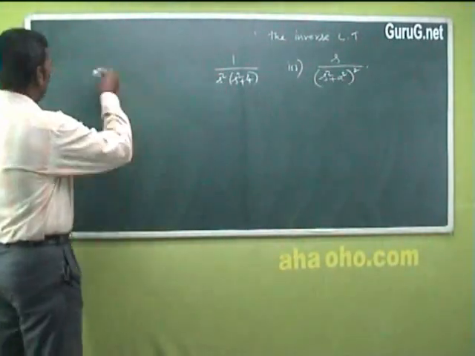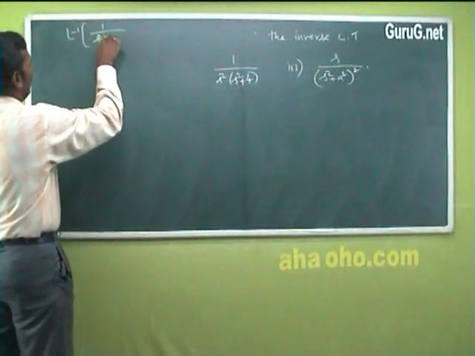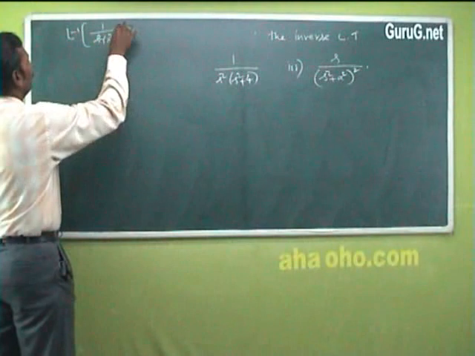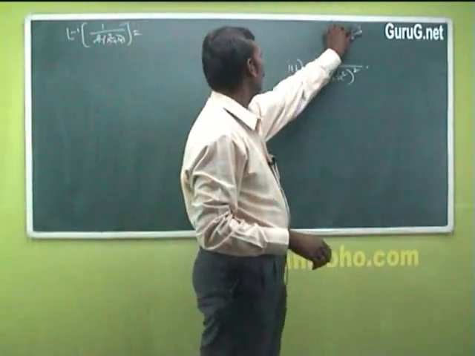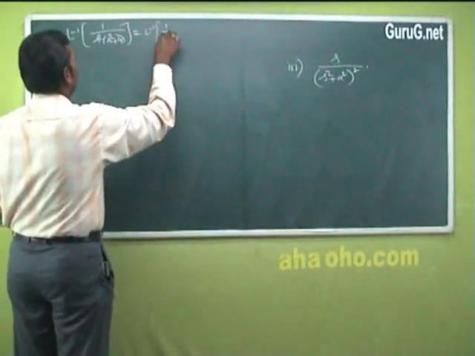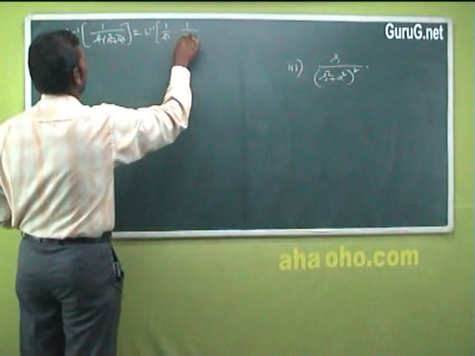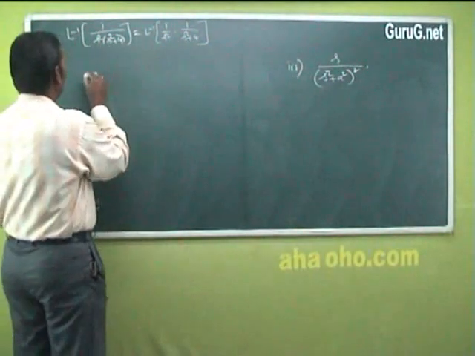Next problem: L inverse of 1 by s squared into s squared plus 4. How can we write this? L inverse of 1 by s squared into 1 by s squared plus 4. Right? Now what does this become?